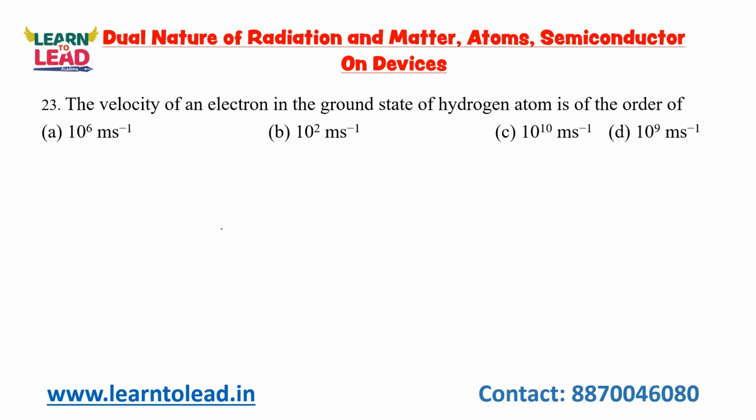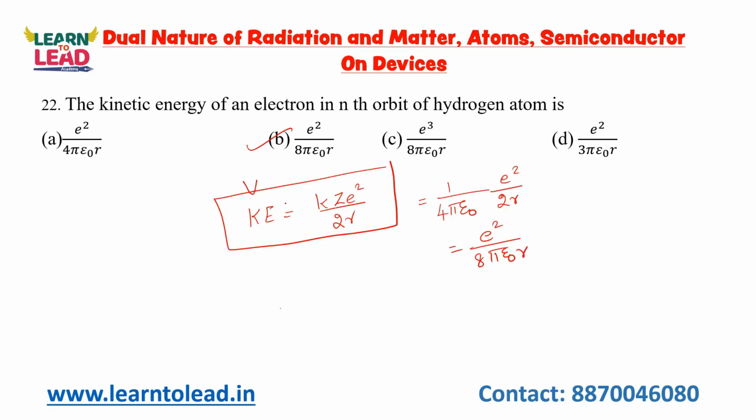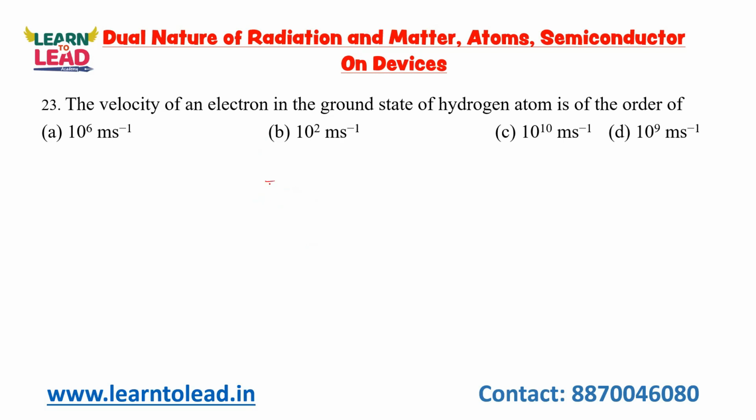Then, the velocity of an electron in the ground state of hydrogen atom is of the order of what, they ask. See here, velocity v is equal to 1 by 137 c by n.